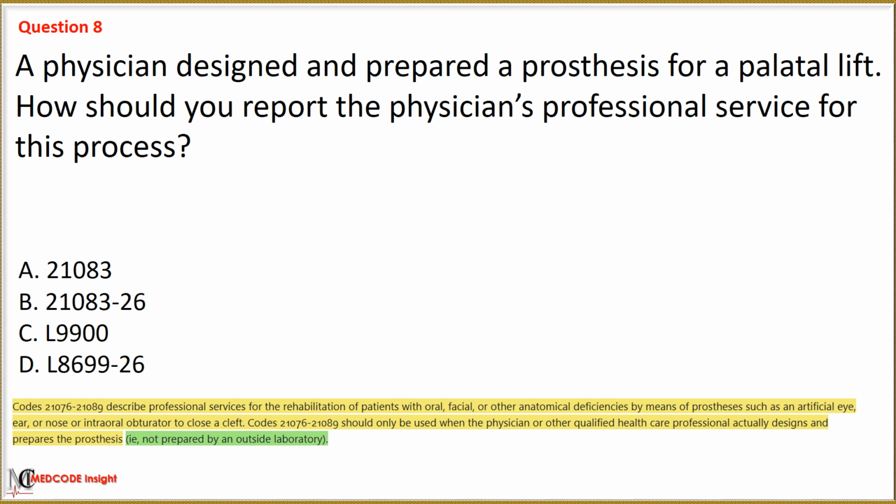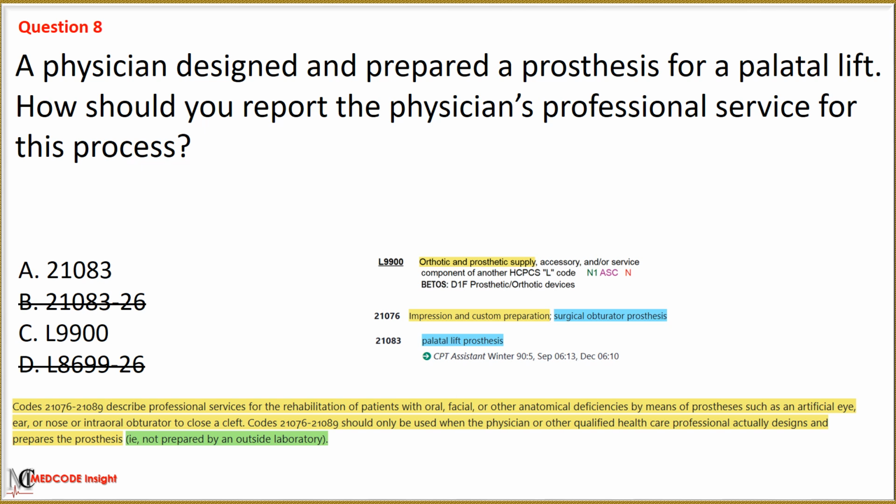These codes should only be used when the physician or another qualified healthcare professional actually designs and prepares the prosthesis rather than an outside laboratory. Since these codes describe professional services, there is no need to append modifier 26. Therefore, we will eliminate options B and D, which include these codes with modifier 26.